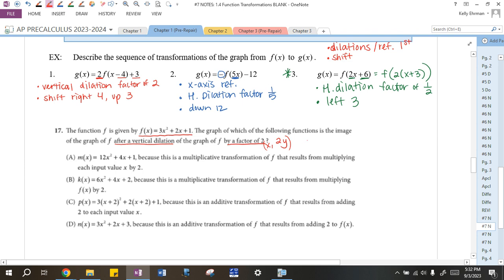So all that means is we should be looking for the function that's 2 times f of x. So I'm just looking for the one that has a 2 distributed through. I don't see any others that have that same equation, so it has to be this. It says this is the multiplicative transformation that results from multiplying f of x by 2. So different phrasing as far as the reasoning, but yeah, that is our vertical dilation rule.